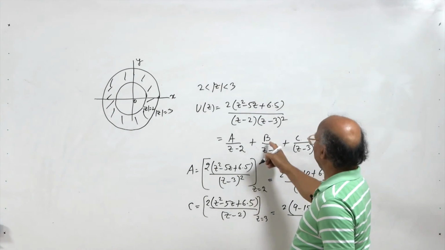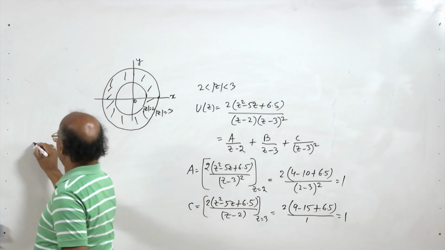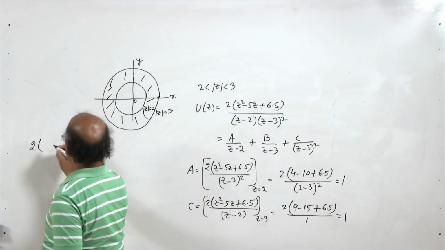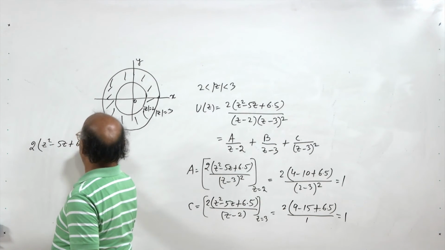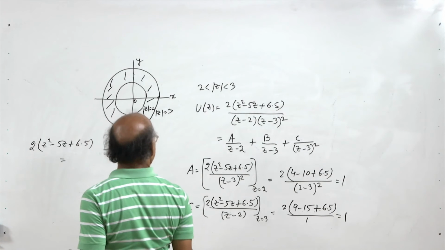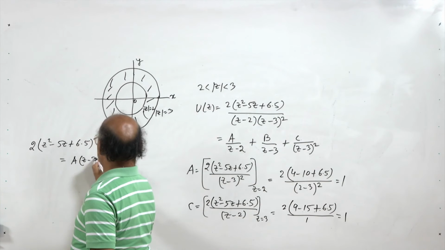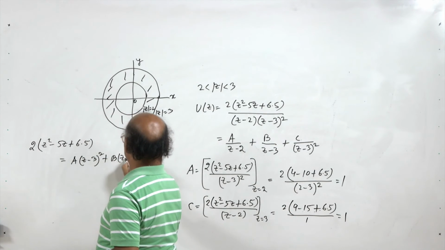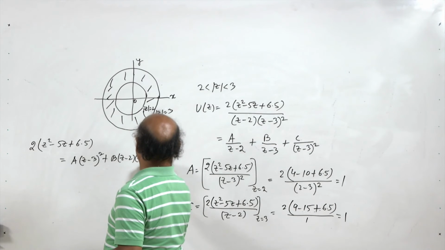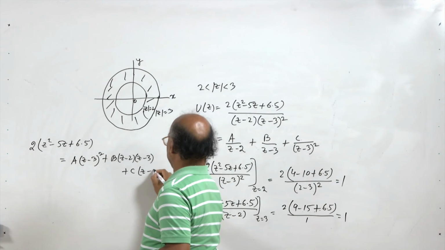Now, to determine B, we have to write the identity. Taking the LCM, 2z² − 5z + 6.5 = A(z − 3)² + B(z − 2)(z − 3) + C(z − 2).